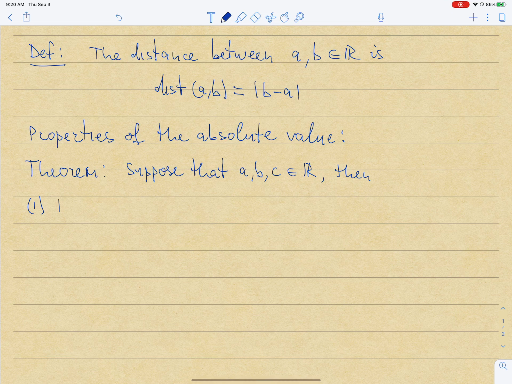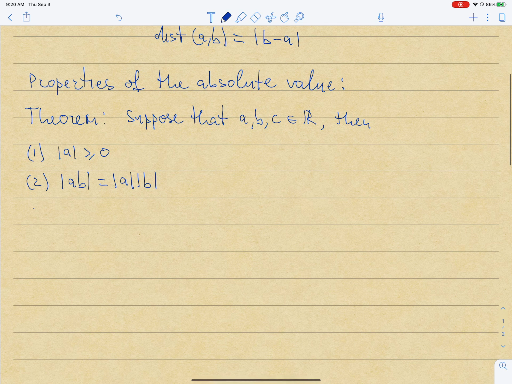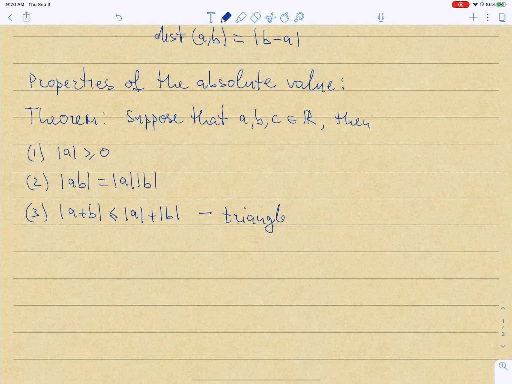1, absolute value of A is always greater or equal than 0. Number 2, absolute value of AB is equal to absolute value of A times absolute value of B. And number 3, absolute value of A plus B is less or equal than absolute value of A plus absolute value of B. This last property is something called triangle inequality, and I will explain it shortly.